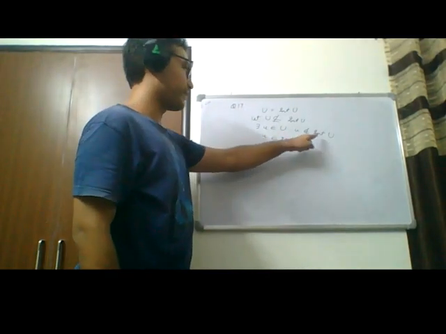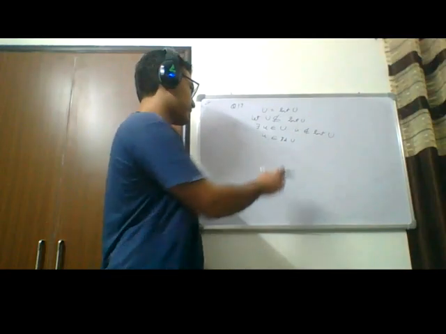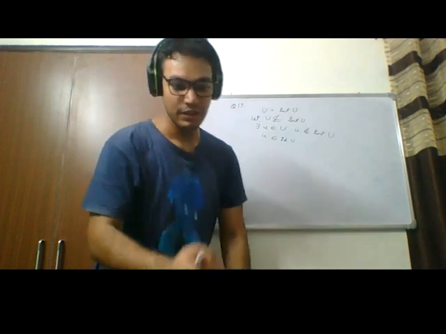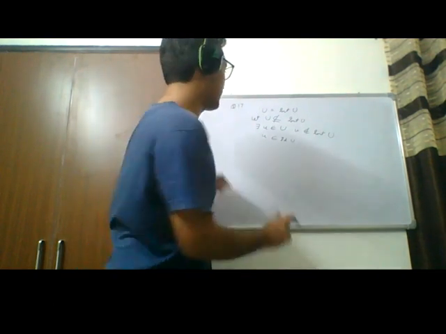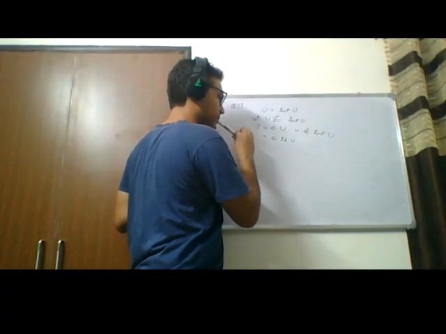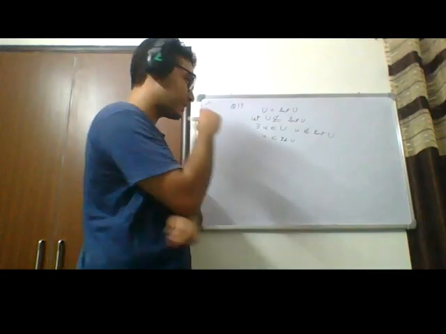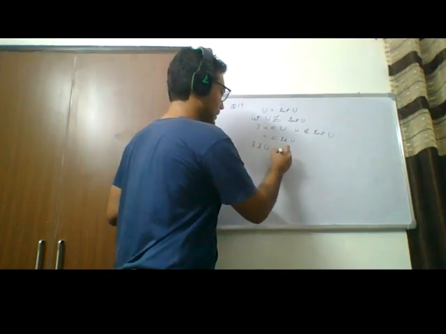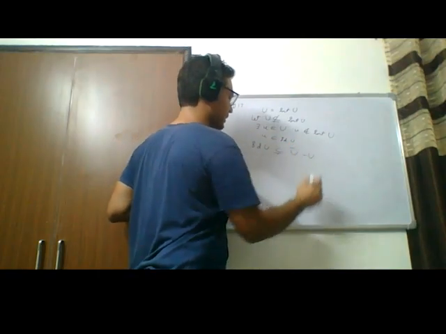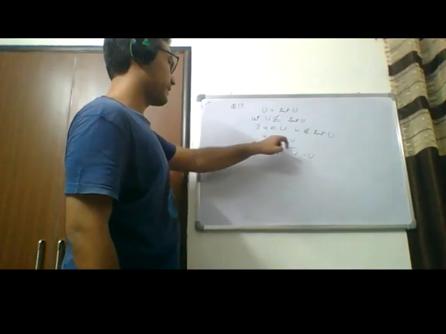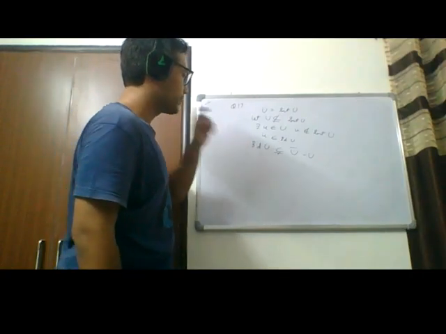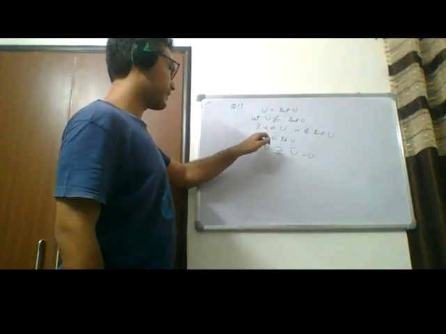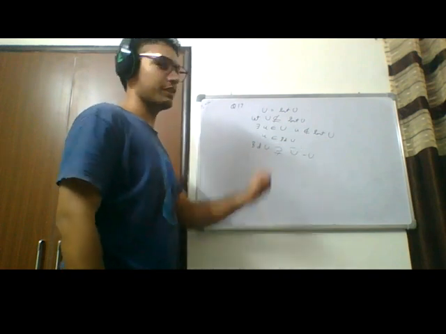Since it belongs to U closure and not the interior of U, and since it's a disjoint union, it must belong to the boundary of U. Now that means the boundary of U is actually a strict superset of U closure minus U. That's because this element that happens to be in the boundary of U is actually removed, right?